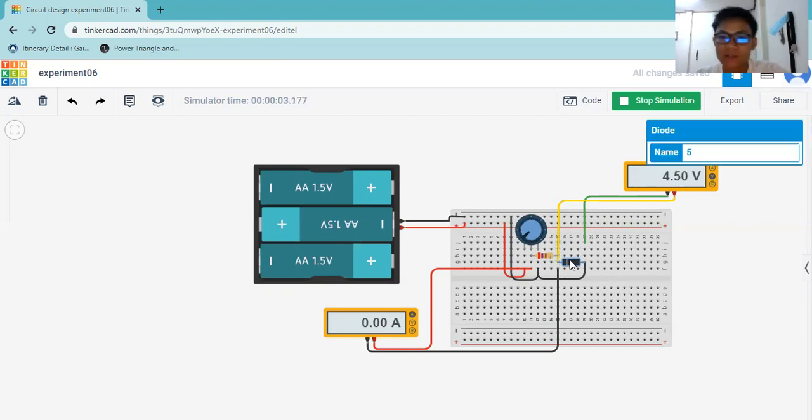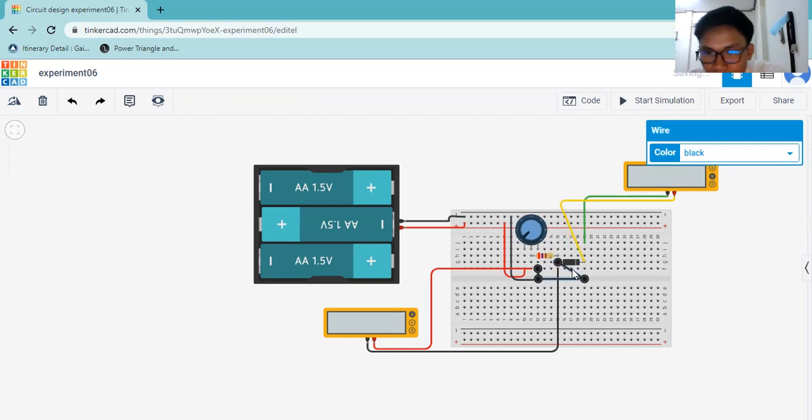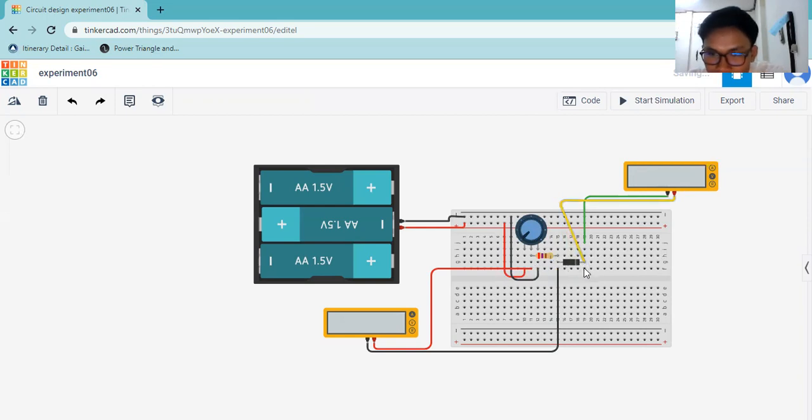So if we turn this diode to be the opposite, then the current would change. Let's try this. And then we connect this again.